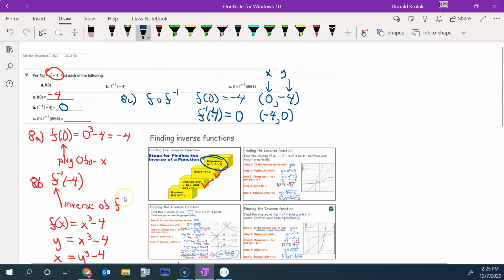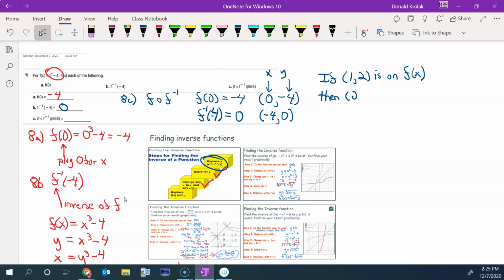Let me reiterate here. Let's say 1, 2 is on f of x, then 2, 1 is on the inverse of f of x.